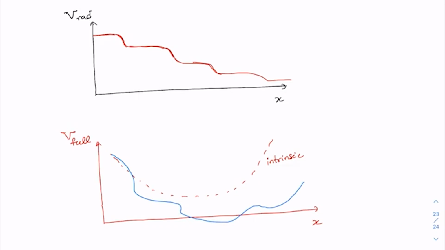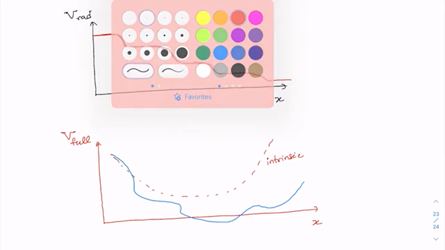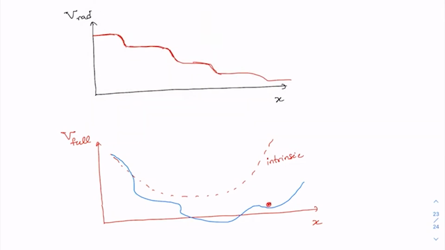Okay, so what is the significance of this resultant potential? If you look at it, you will observe that there are several local minima here. You have a minimum here, here, here, and so on. There are several minima.